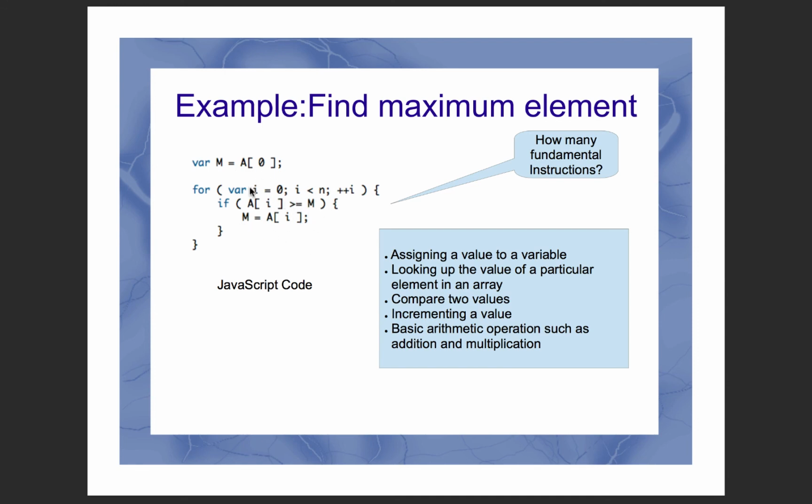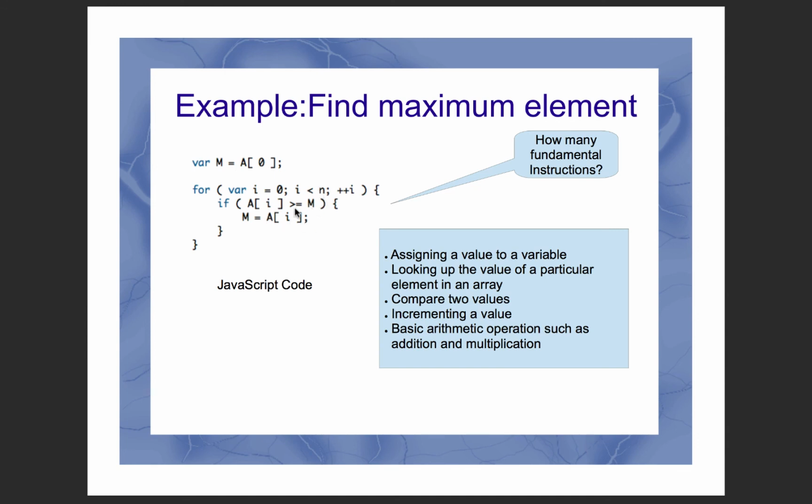Now if you calculate the total number of instructions, we can see there are two instructions over here. This is one instruction run one time, this is one instruction run n times, and here two instructions and two instructions, four instructions, all running n times.